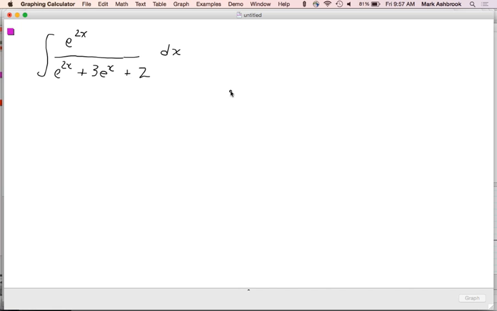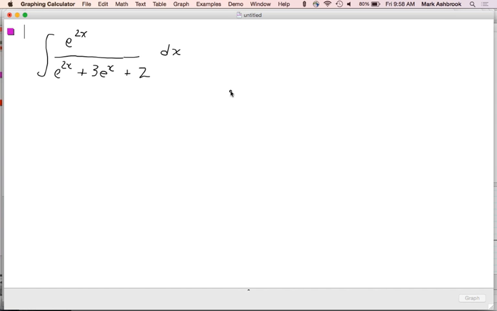What about partial fractions? Well, no. So here's the deal. You might think it kind of looks like partial fractions in disguise.